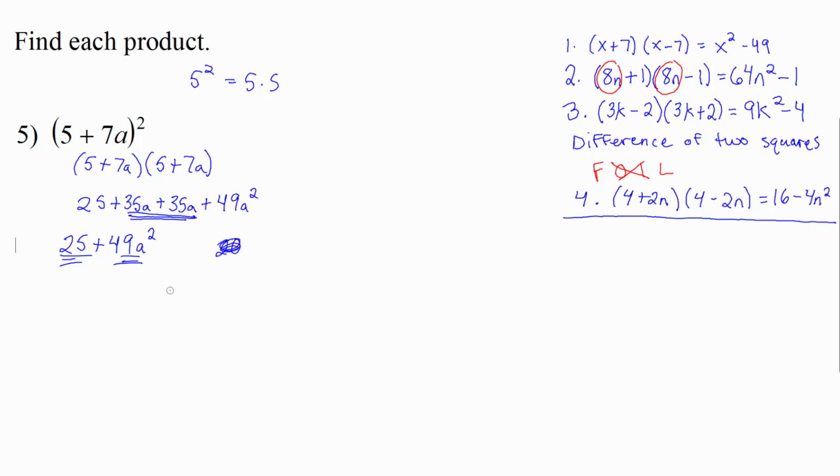So our answer is 25, which we thought it would be, plus 70a plus 49a squared. So the pattern that's happening, we should be able to really easily get this part and this part. The question is, how can we get 70a from these two things without actually just multiplying the whole problem out?